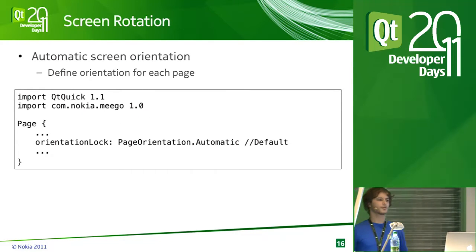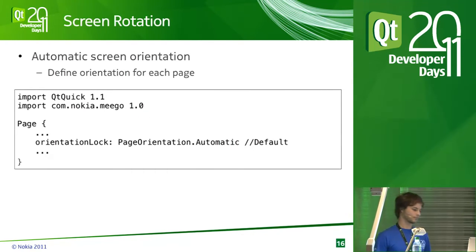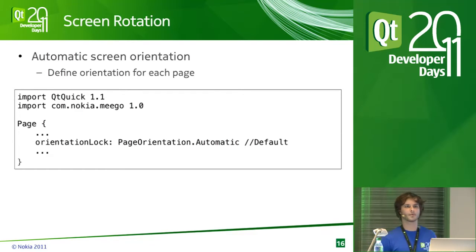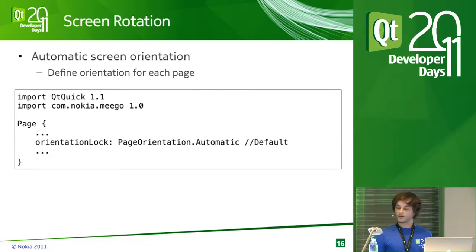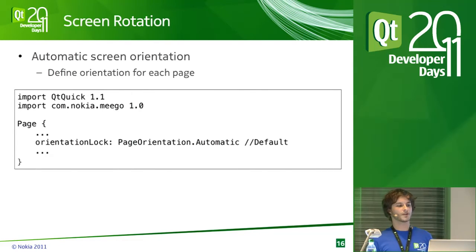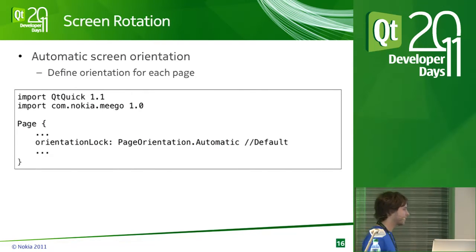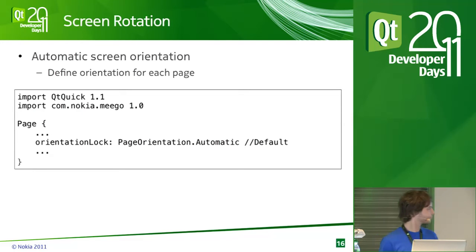I wanted to tell you also a few words about screen rotation. If some of you are familiar with N9 development, it's a bit different. For the N9, it's easier. It's done automatically for you, at least in a Qt Quick application. What you can do is, for each page you create in your application, define the orientation.